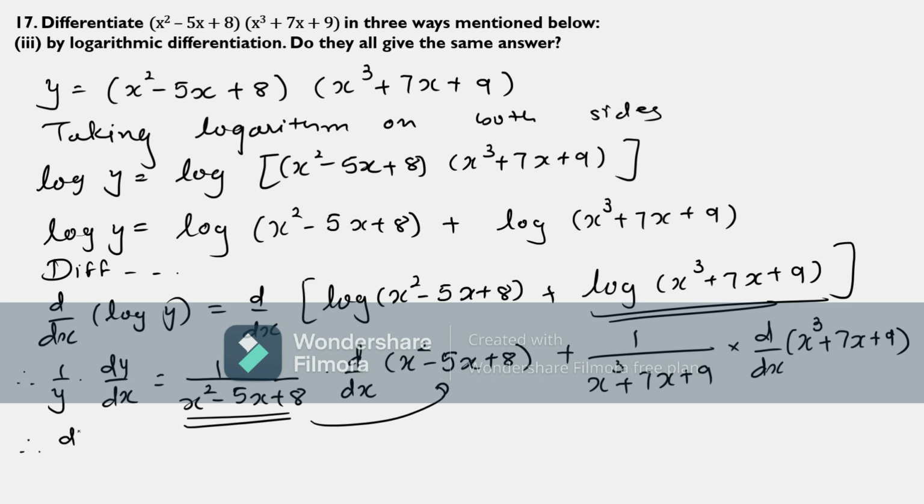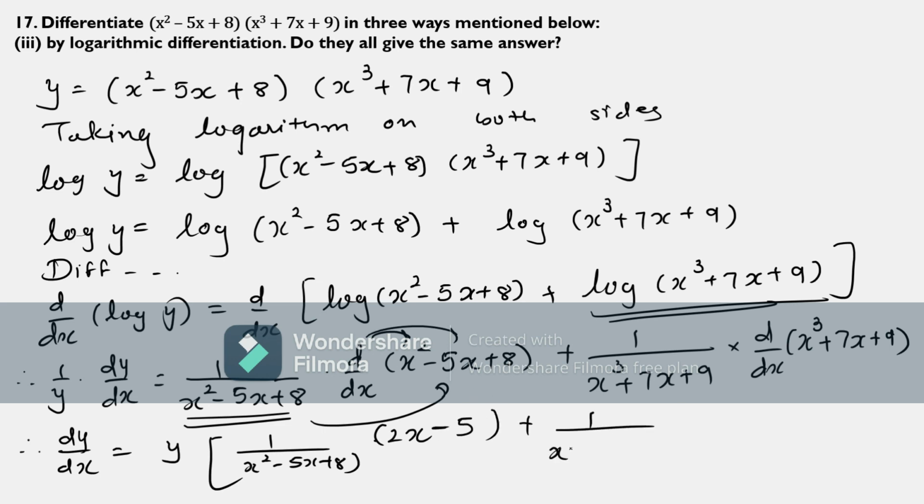1 by y, so y will go to that side, multiplication: 1 by x square minus 5x plus 8, and if we do the differentiation here, I can see x square's derivative is 2x, minus 5x's is 5, plus 8's is 0, then 1 by x cube plus 7x plus 9, into this x cube's derivative 3x square, and 7x's is 7, plus 9 is 0, right?